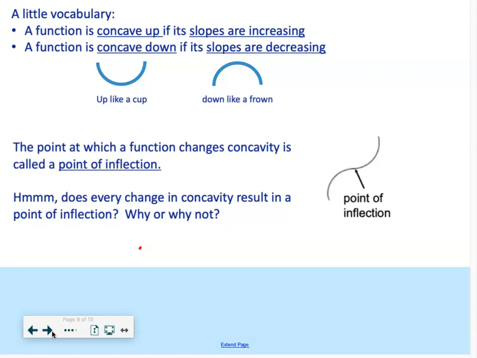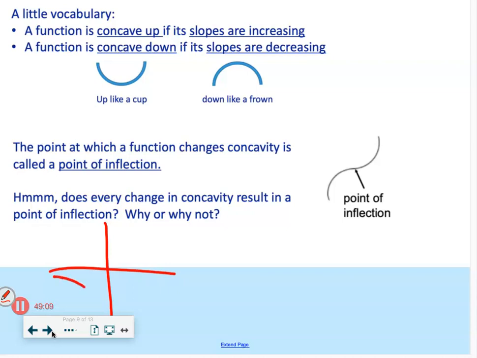All right, does every change in concavity result in a point of inflection? Not necessarily. Just like every change in the derivative from positive to negative doesn't necessarily result in a relative max that you could write as an ordered pair. You could have a hole there. So if we have a graph that is discontinuous, same thing with maxes and mins.